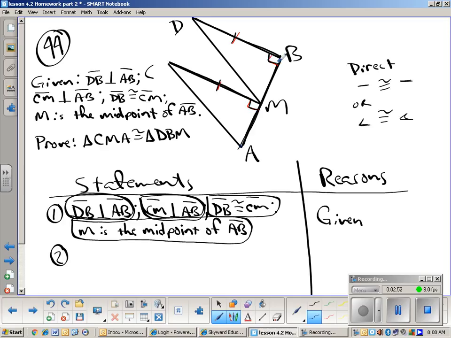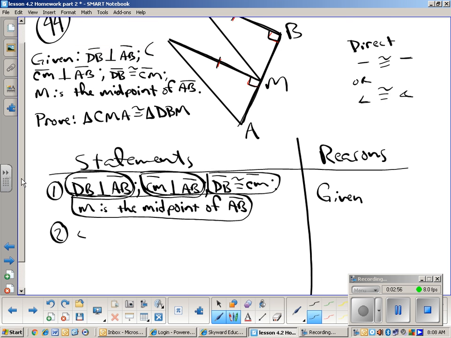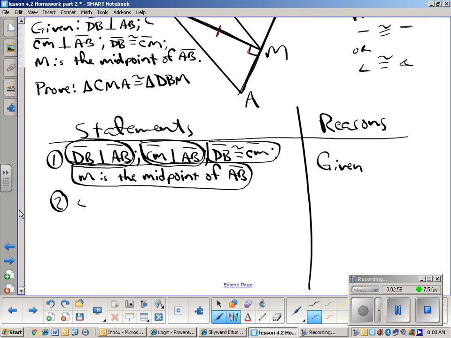So that's close. What we're going to say is that angle DBM and angle CMA are right angles.